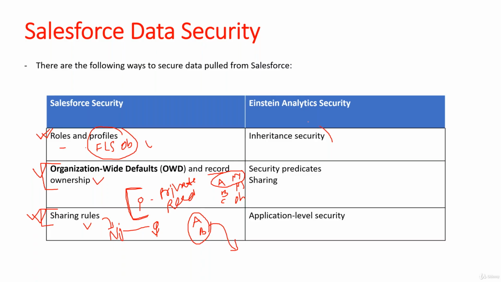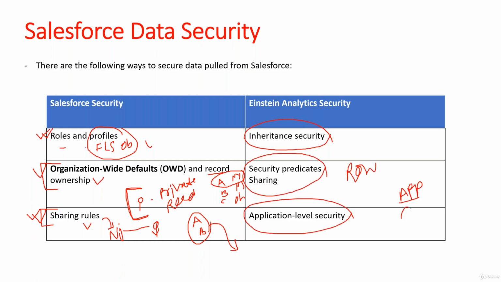And we have something called application-level security. I can create an Einstein Analytics application and make it accessible only by you and another user, while I may have 10 more users to whom I don't want to give access. Or I may say these users can access it as read only, or they can access it to modify it. You can do that. We'll see it in the next session.